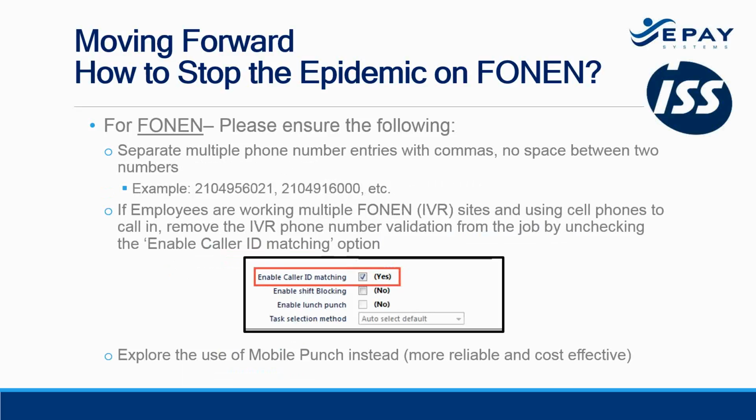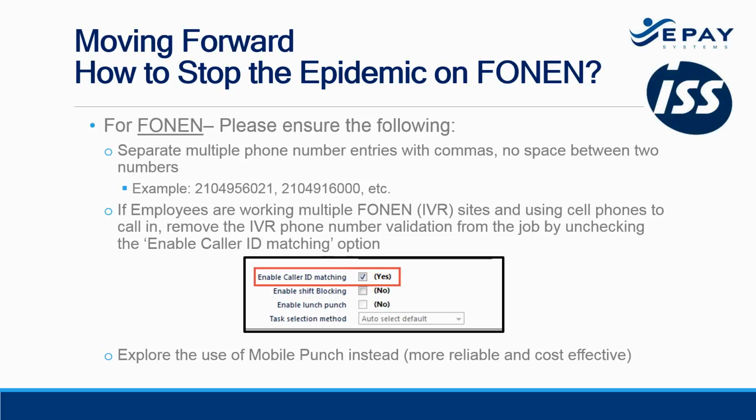Now, if employees are working from multiple phone-in sites and maybe using a cell phone, we used to have those SONIM phones, those rugged phones walking around from job to job, and we now replace them with those new Samsung J3 phones.